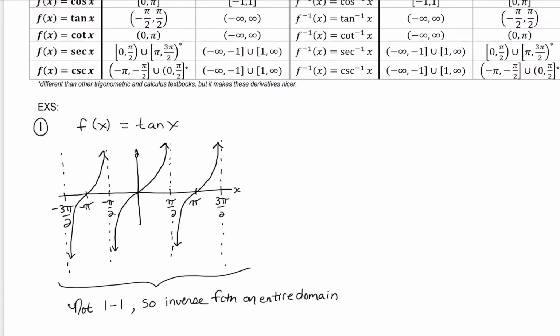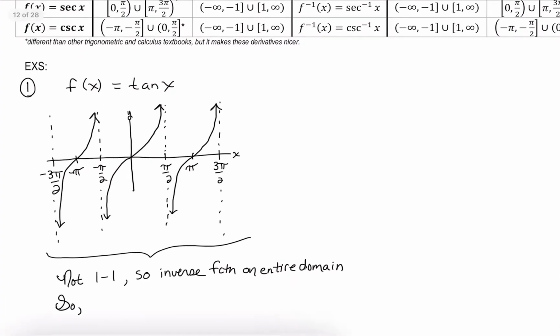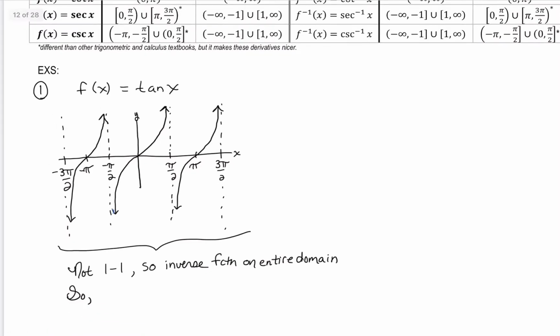For tangent, we use the fundamental period here from negative pi over 2 to pi over 2. Now, could they have used the one from pi over 2 to 3 pi over 2? Sure. But this is the conventional domain restriction in order to make it 1-to-1.